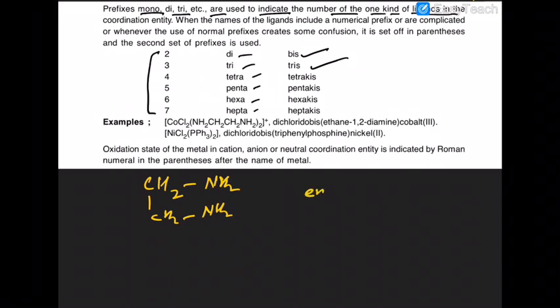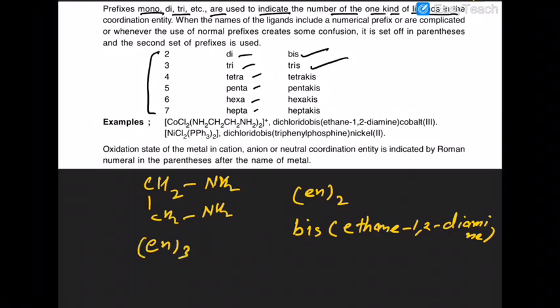If that ethane 1,2-diamine exists 2 times, you will write bis(ethane 1,2-diamine). If it is present 3 times, you will write tris.